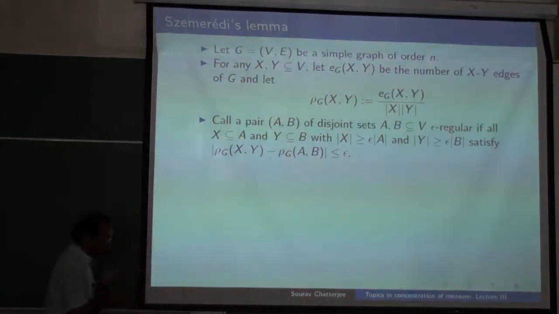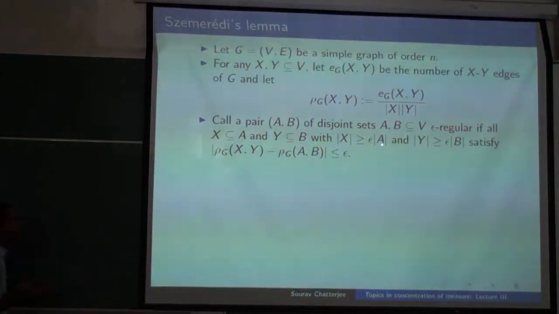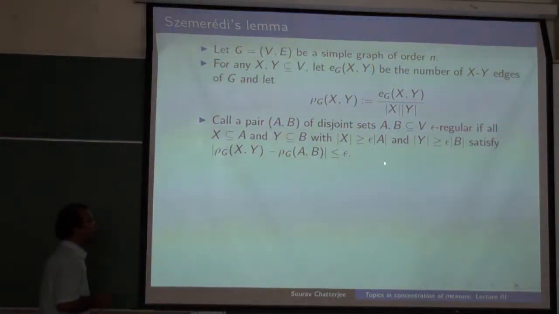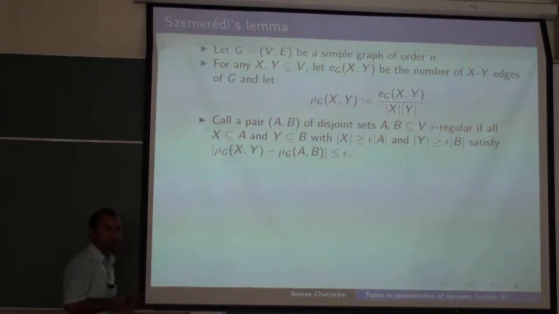This is a deterministic way of expressing that the edges between A and B are roughly randomly distributed. That it's epsilon regular if for all sets of substantial size, not too small, the edge density between X and Y is close to the edge density between A and B. Okay?